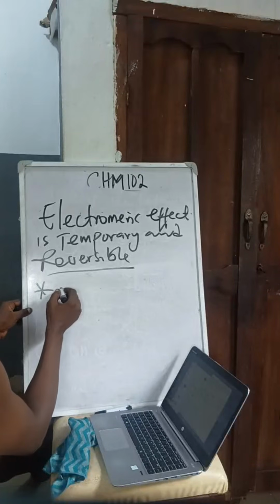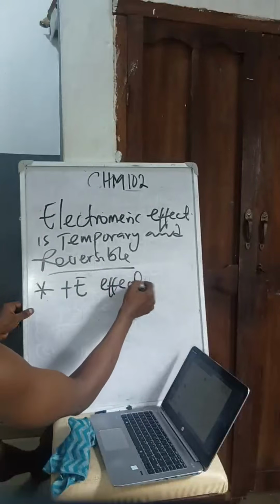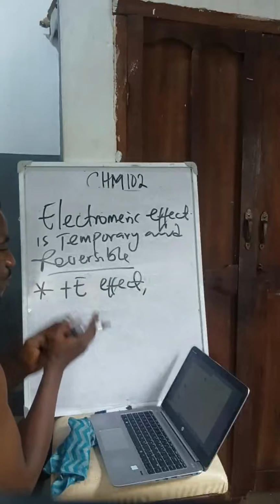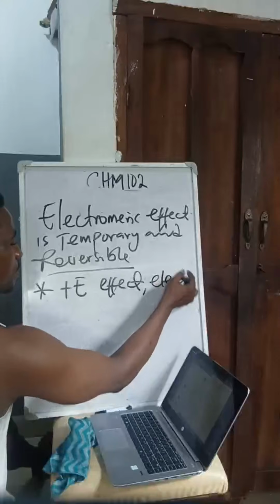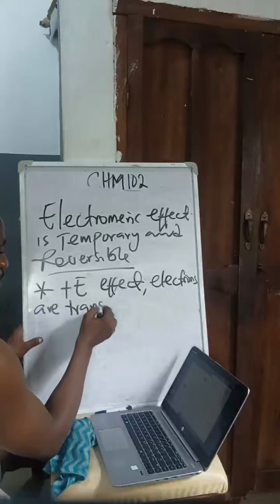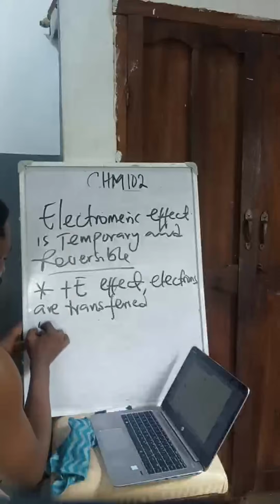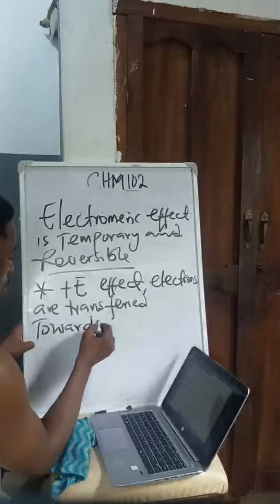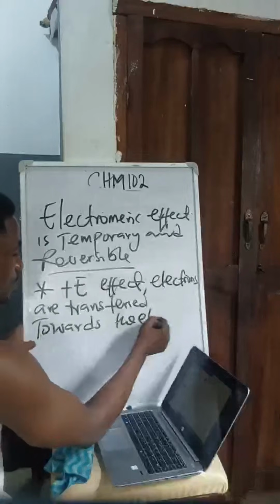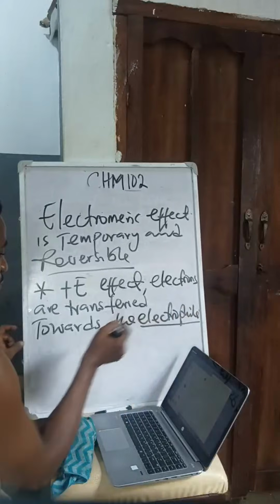So in electromeric effect, we have positive electromeric effect and negative electromeric effect. In positive electromeric effect, electrons are transferred towards the electrophile. You already know what electrophiles are.